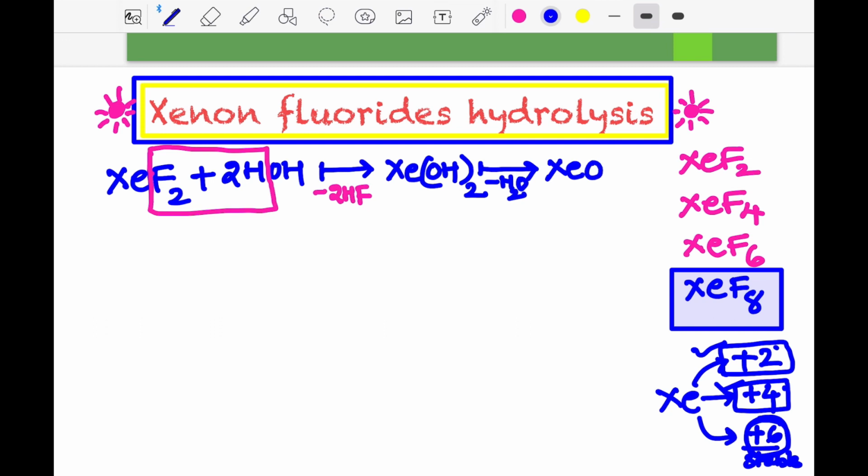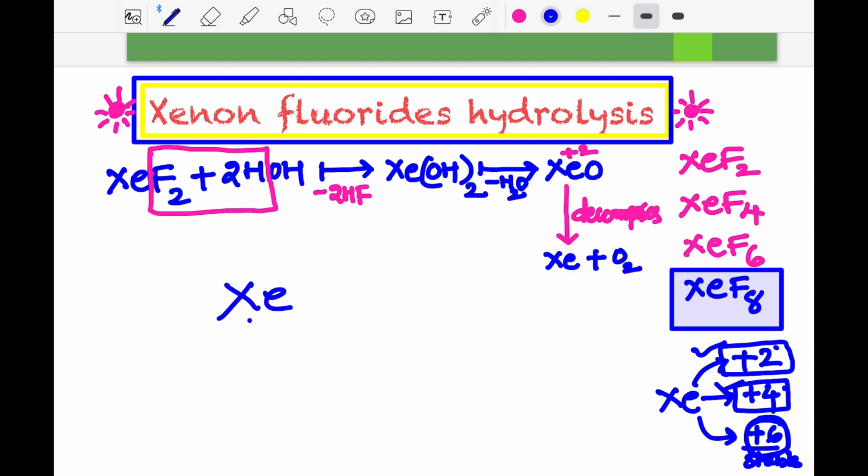On loss of one water molecule, it produces xenon oxide. XeO is formed here. In XeO, xenon exhibits +2 oxidation state, which is very unstable, and it decomposes. Decomposition takes place, it breaks completely, and produces xenon plus oxygen. I also want to tell the reason for this.